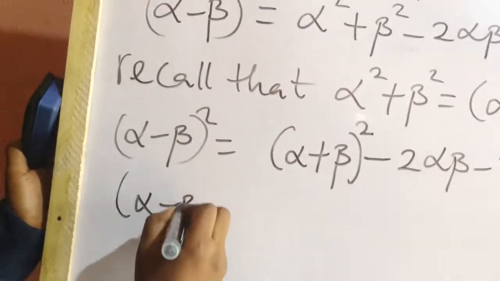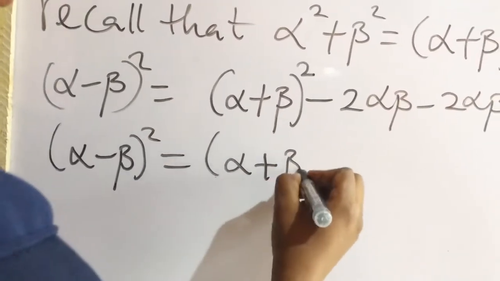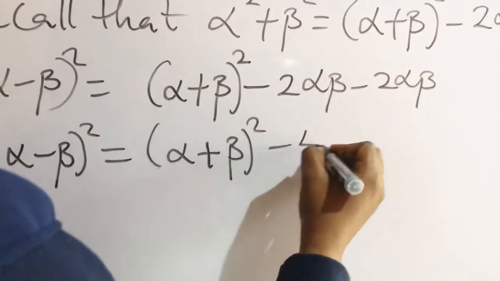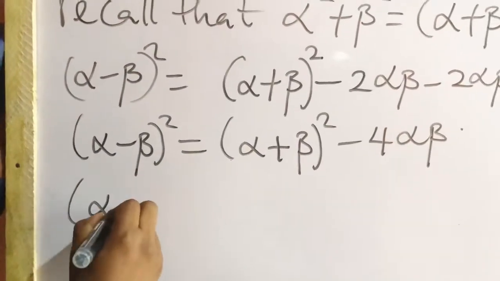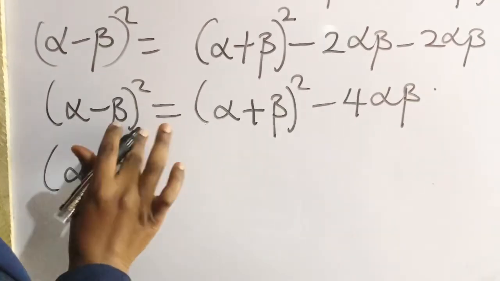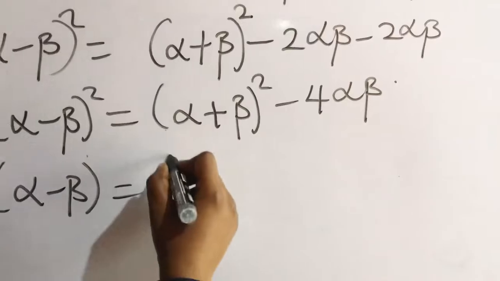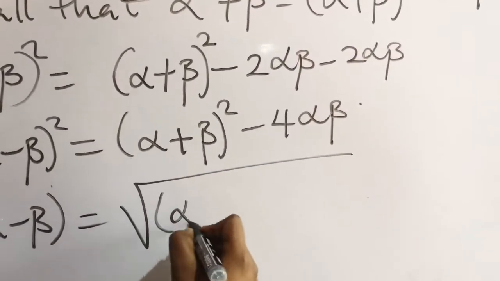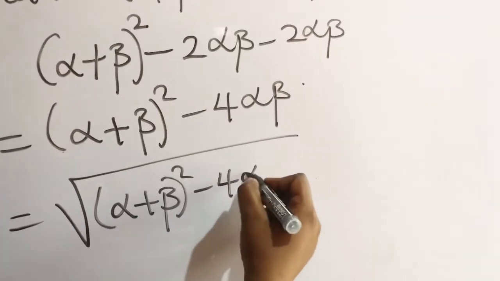Alpha minus beta squared is equal to alpha plus beta squared minus 4 alpha beta. You do not need to memorize, make sure you understand it. Taking the square root of both sides, alpha minus beta is equal to the square root of alpha plus beta squared minus 4 alpha beta.